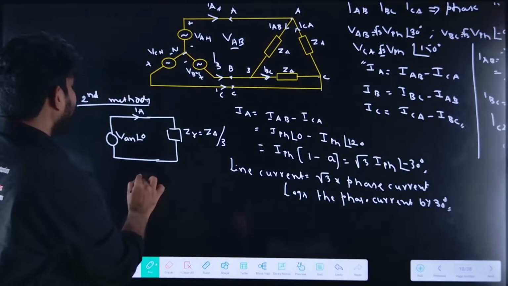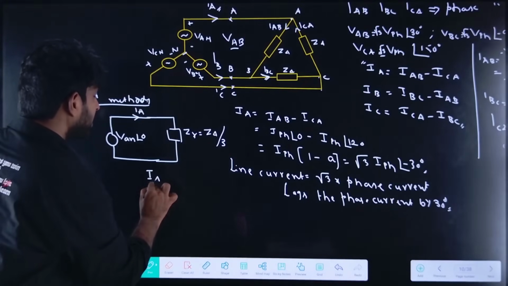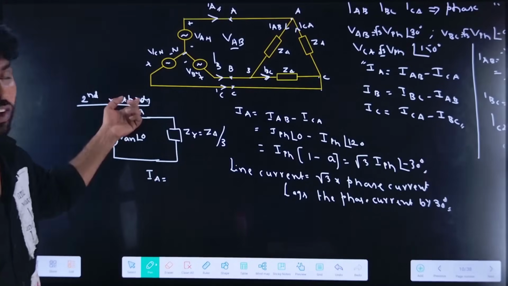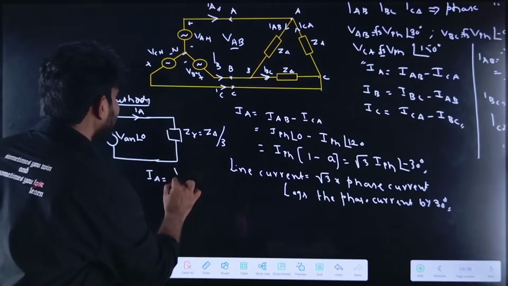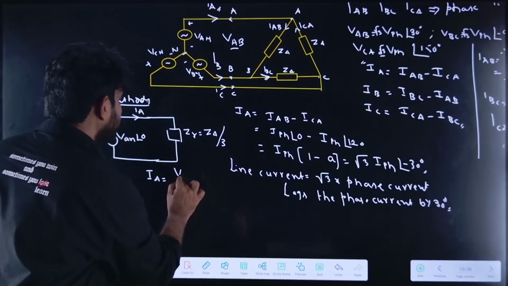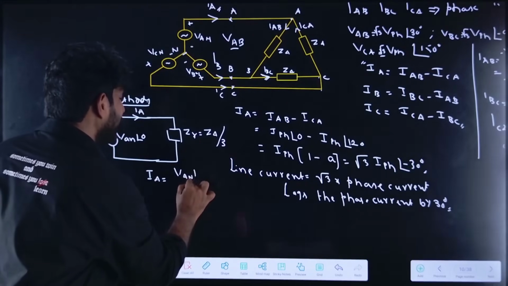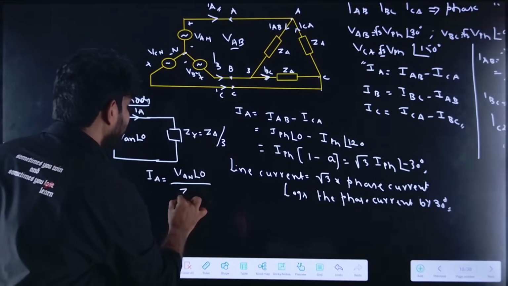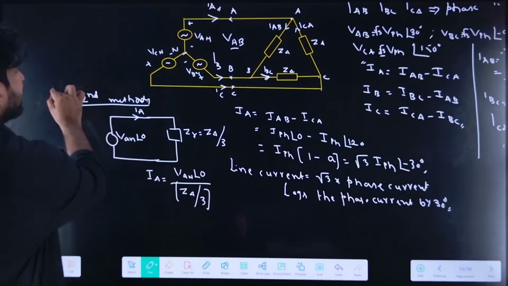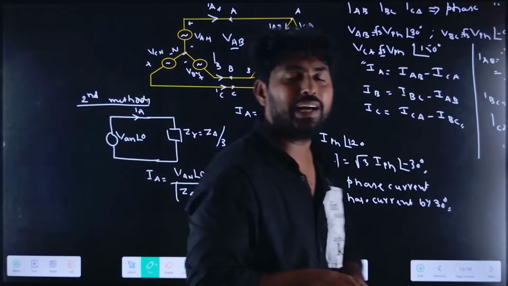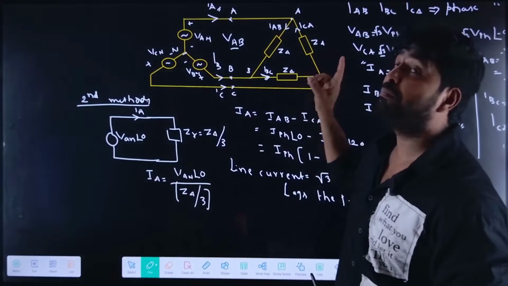Now I can find IA, which is the line current, as VAN, the phase voltage at an angle 0, divided by Z delta by 3. So this is the line current. This is the easiest method to find the line current if it is a balanced load.